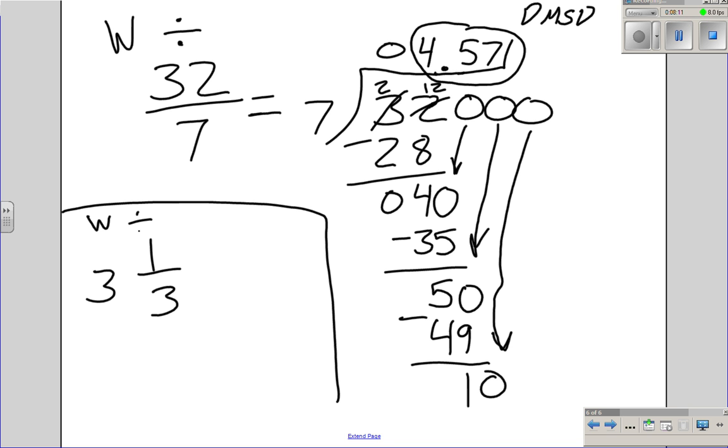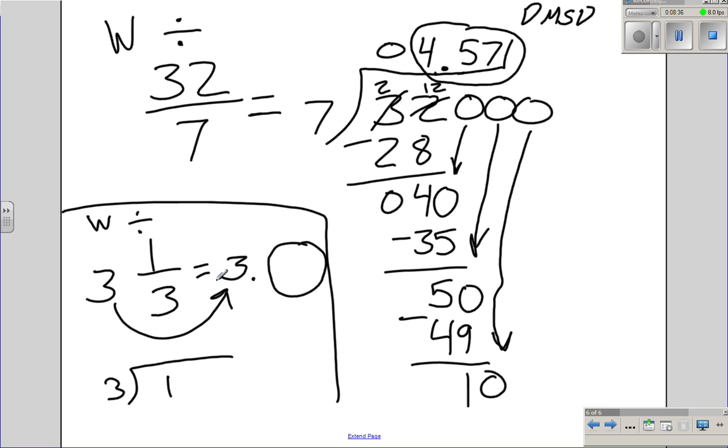So this one would be a whole number part and a division problem. You just put the whole number right over in the answer, and then we know there's going to be a decimal part. So then I have to do 1/3. I tip it over. 3 is the divisor. 1 is the dividend. Then I would do that problem and put that decimal answer right in here with the 3.